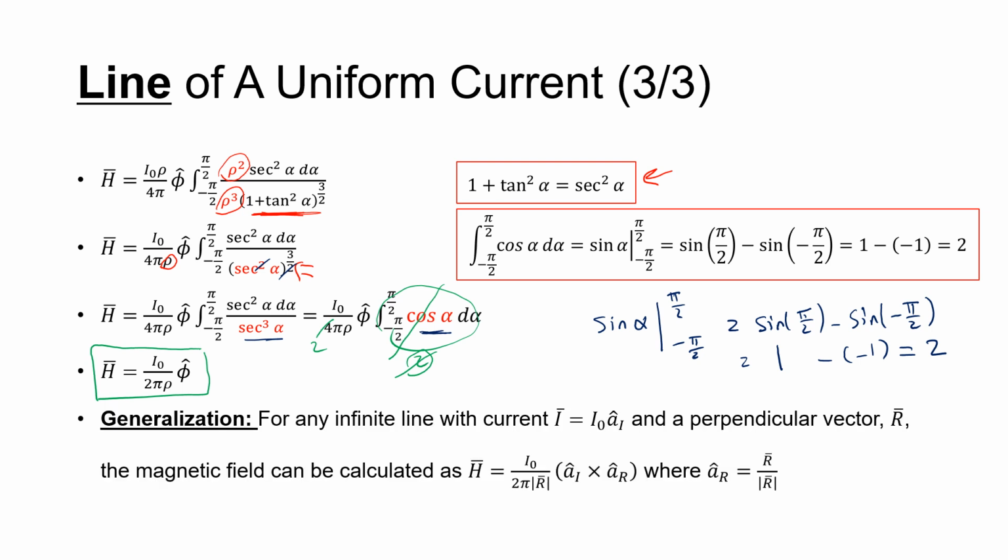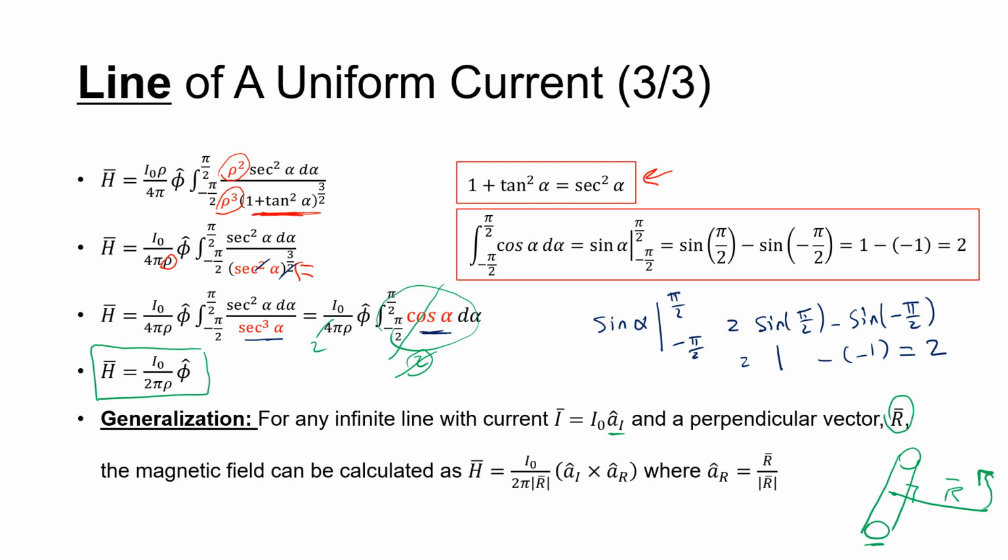Now we can generalize this result. If we have an infinite line of current in the direction a_I, and you have an observation vector R which is perpendicular to this current, so any current in space, then your resulting magnetic field will be rotating around this line of current.